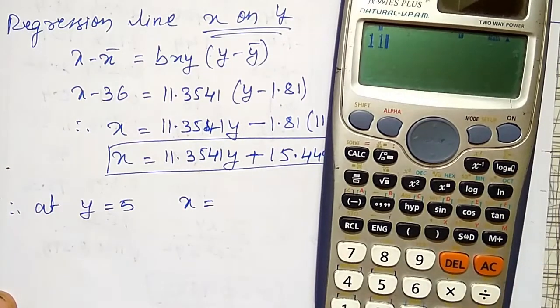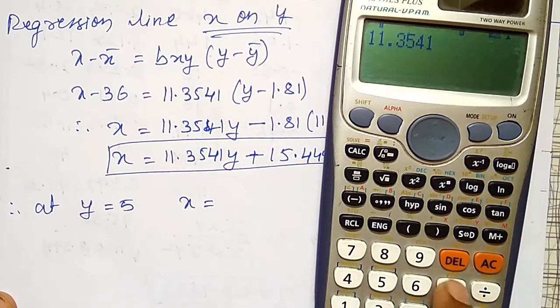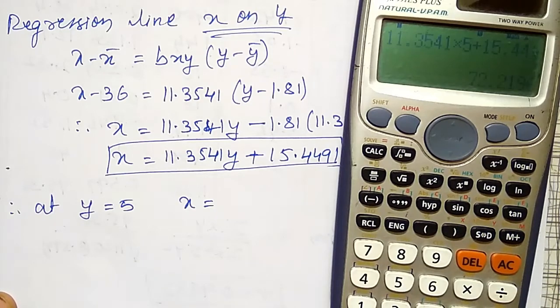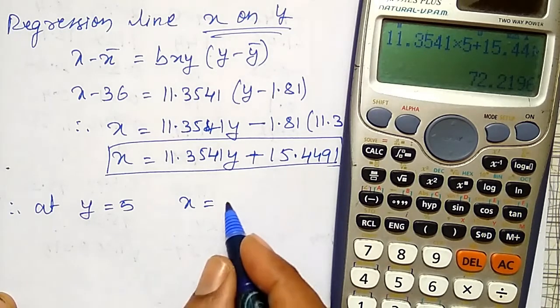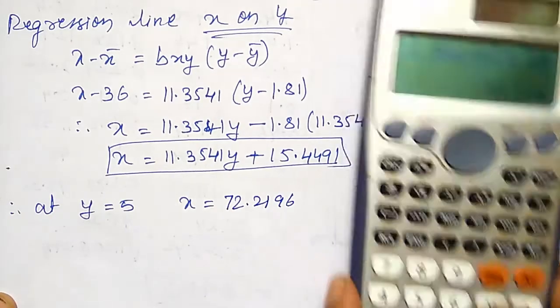That is 11.3541 into 5 plus 15.4491, which equals 72.2196.